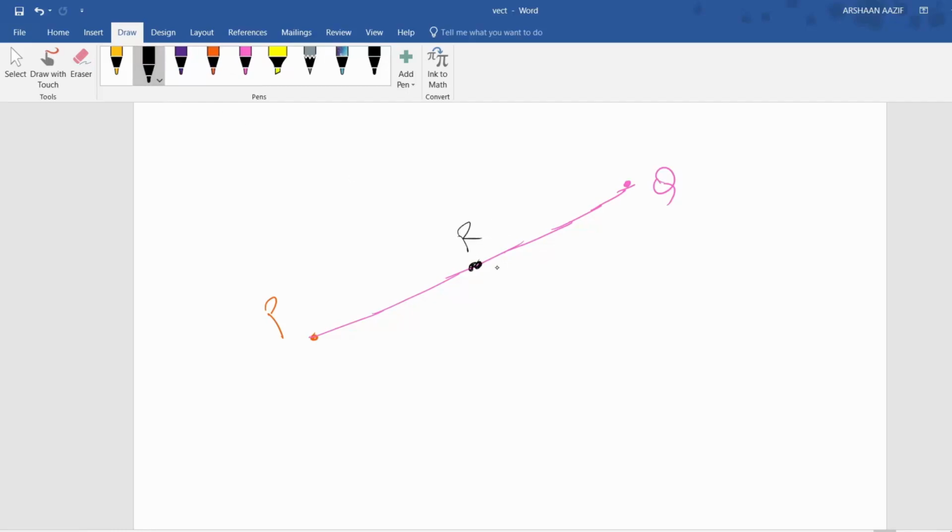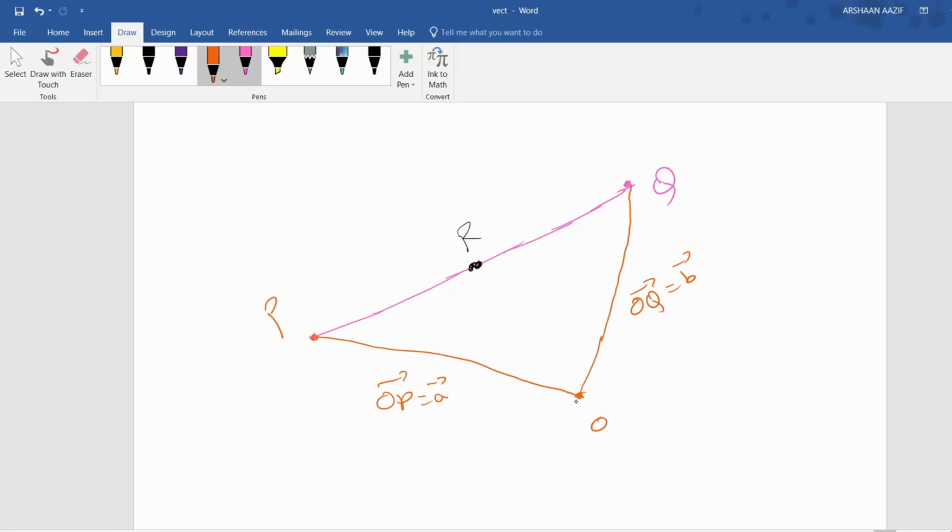So this is my R. The position vectors are given. So this is O. I have OQ, which is equal to B vector, and OP vector, which is my A vector. I have to find my OR vector, which is my R vector.